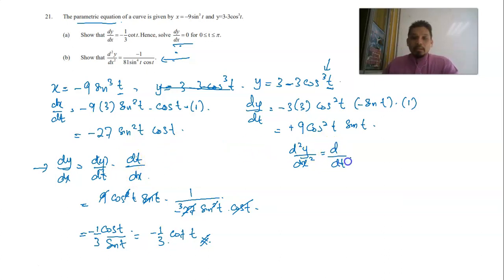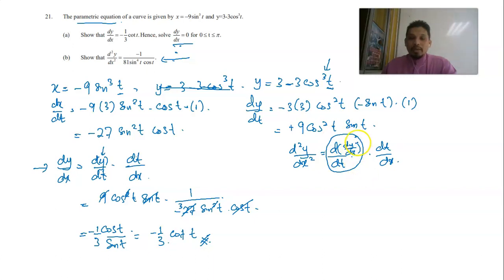The same concept we're going to implement here: d/dt multiplied with dt/dx. Just now we substituted y, dy/dt. Now it's d/dt of dy/dx multiplied with dt/dx. In this case, we just need to find this one here.